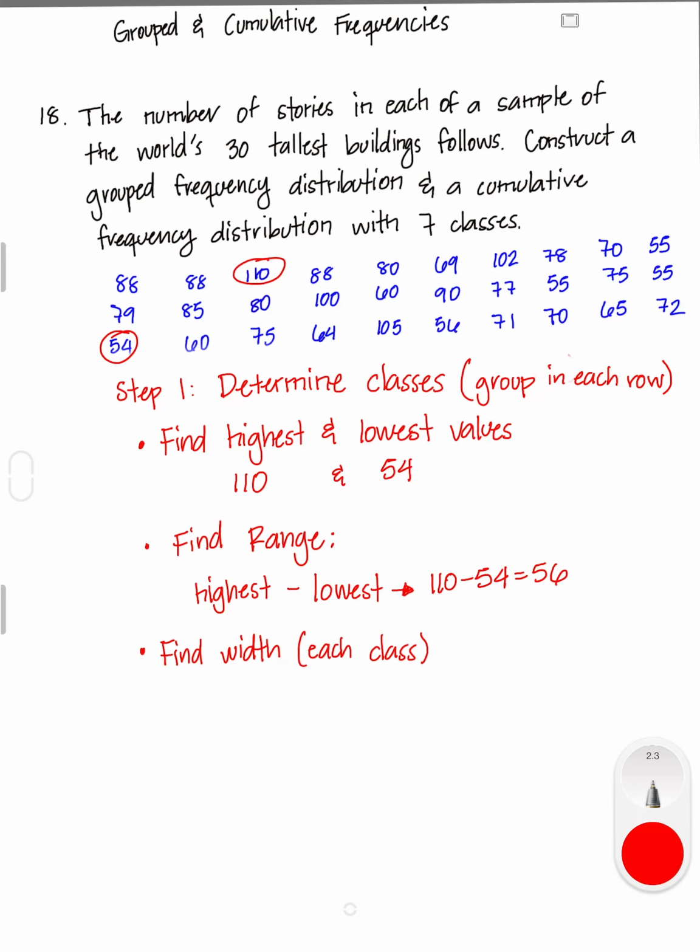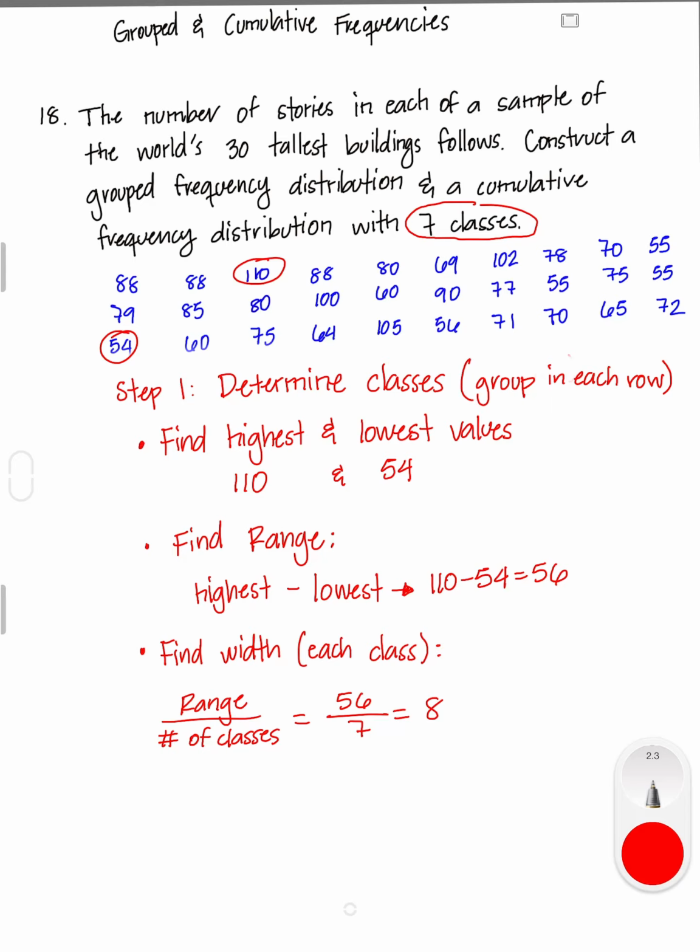To find the width, we use the range and divide by the number of classes. The range is 56, and we divide by the number of classes, which is 7, and this gives 8. So the width of each class is going to be 8.